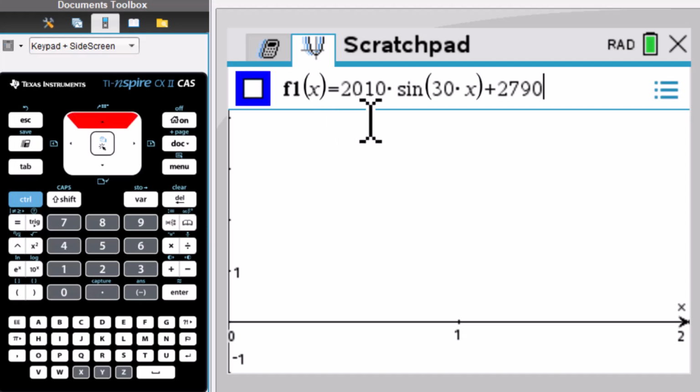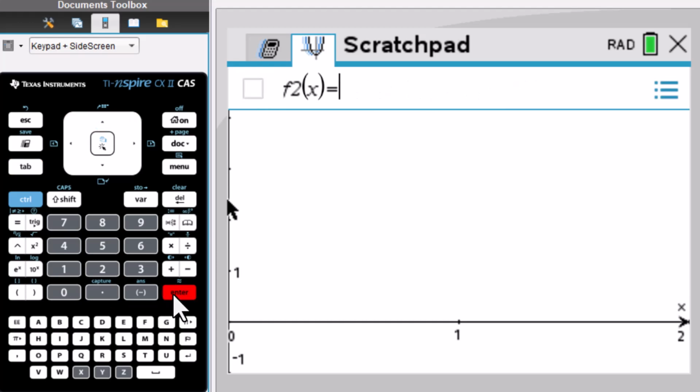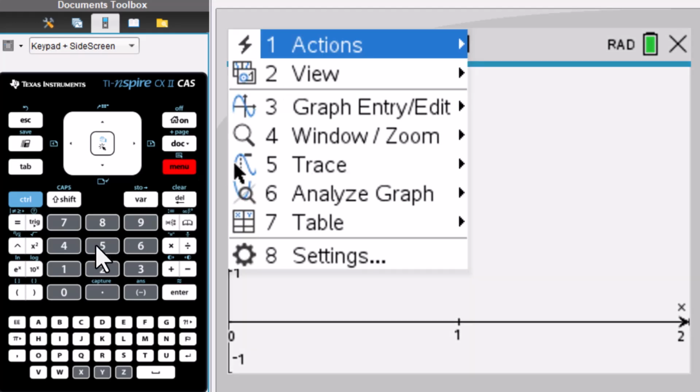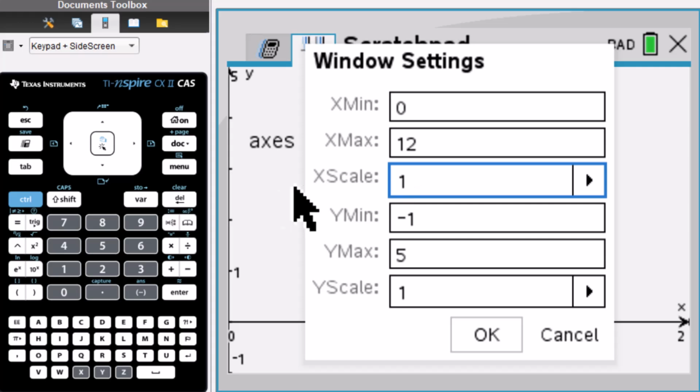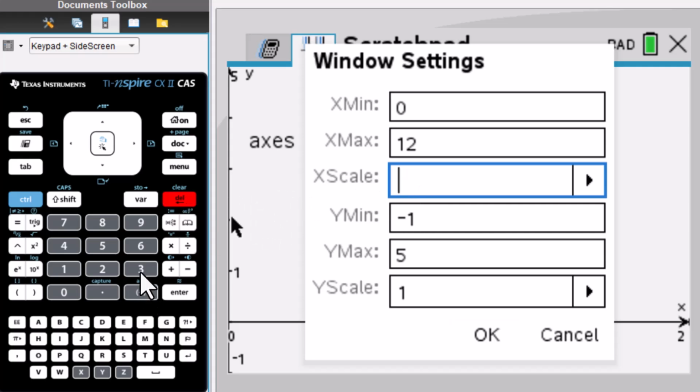After you put P of t into f1 of x, enter. You couldn't see anything on the graph because you need to change the window. Go to menu, 4, enter. X minimum 0, X maximum 12. Scale, you can use 1. We decided to use 3.